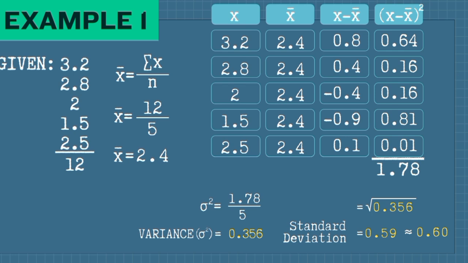To get the variance, 1.78 will be divided by the total number of givens, which is 5. 1.78 divided by 5 gives 0.356. To get the standard deviation, you must take the square root of the variance, which is 0.356, and the standard deviation will be 0.59. If rounded, it will be 0.60.